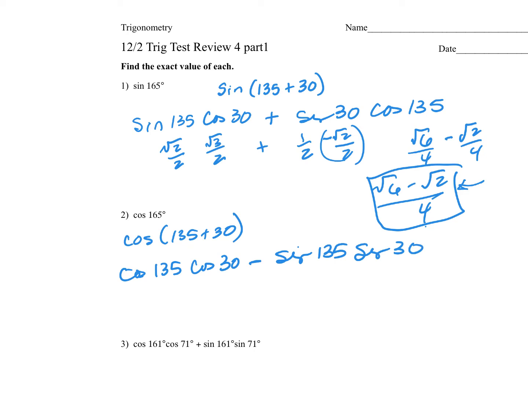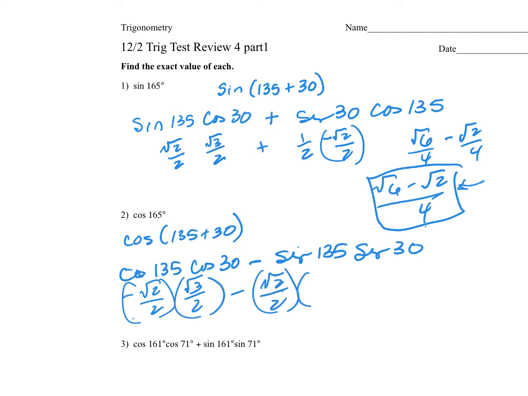And here the cosine of 135 is negative root 2 over 2. Cosine of 30 is root 3 over 2 minus sine of 135 is root 2 over 2. And sine of 30 is 1/2. So that turns into negative root 6 over 4 minus root 2 over 4, which is negative root 6 minus root 2 over 4.